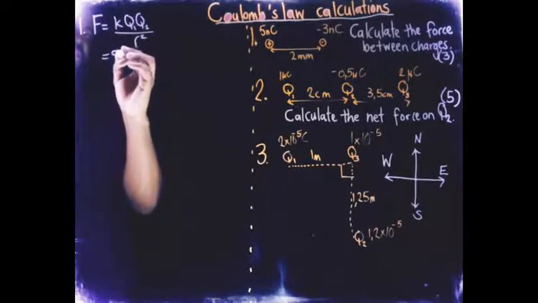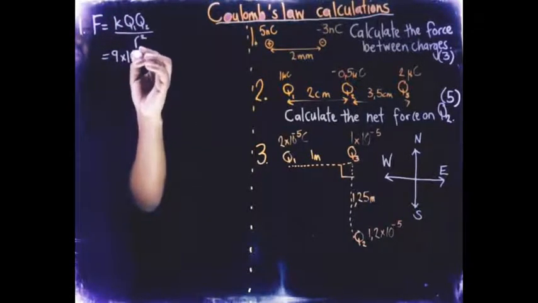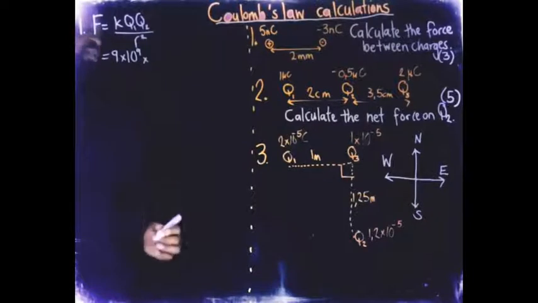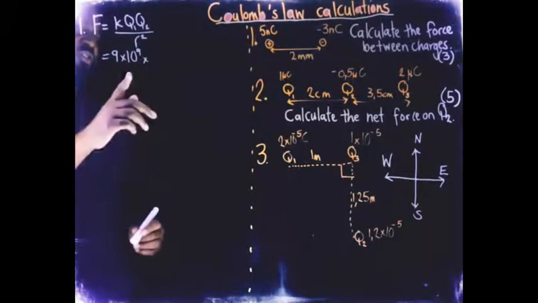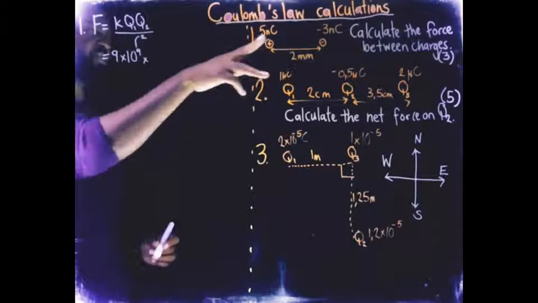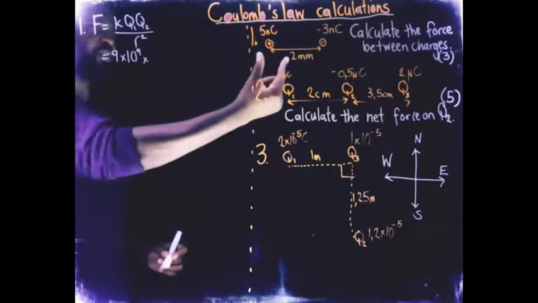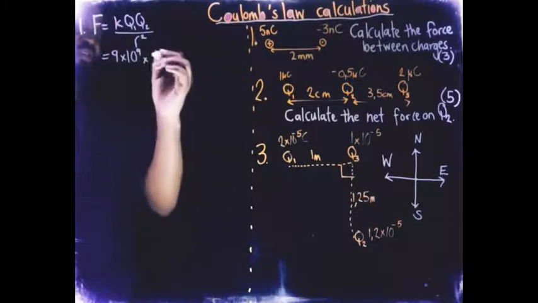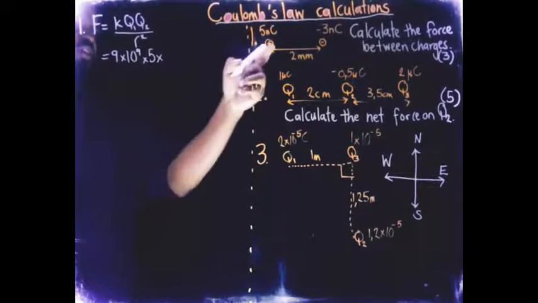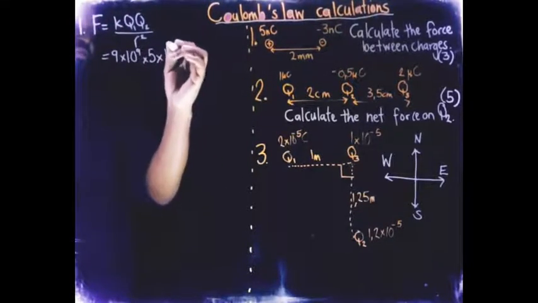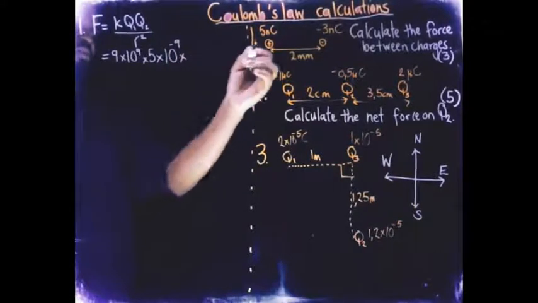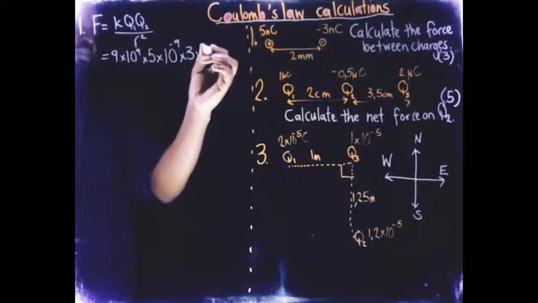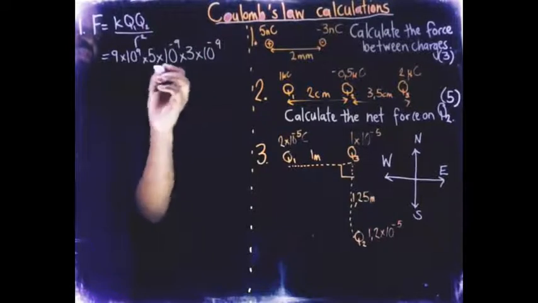So this is the same as 9 times 10 to the power of 9 times. Now, when you're adding the charges, ignore the signs. Let's work out the force and then determine whether it's an attractive or repulsive force. 5 times nano means 10 to the negative 9, times another 3 times 10 to the negative 9.